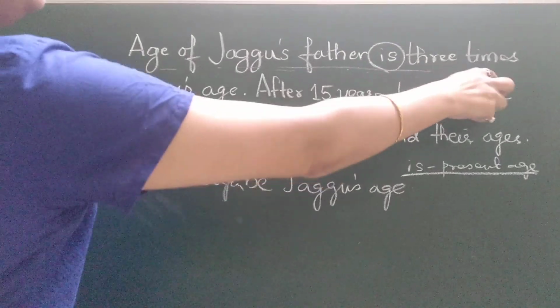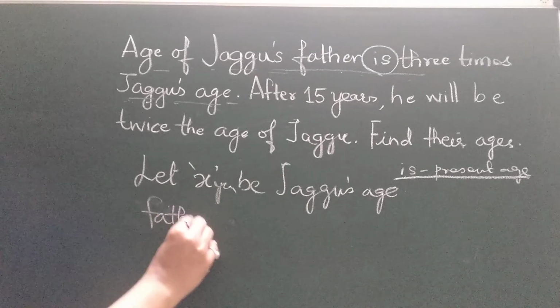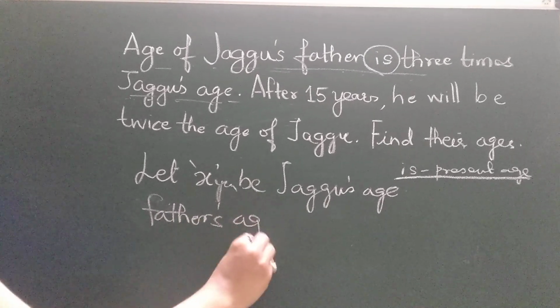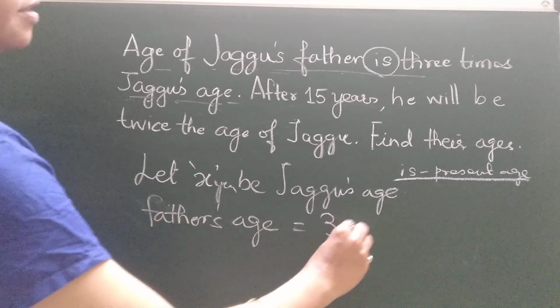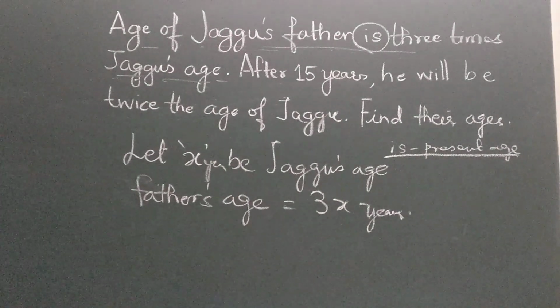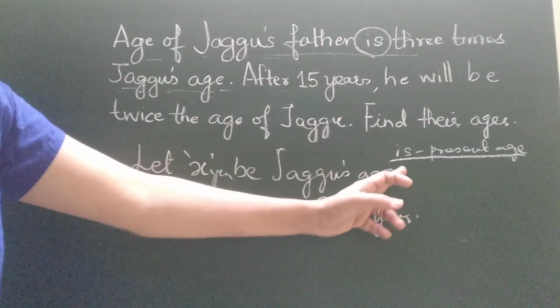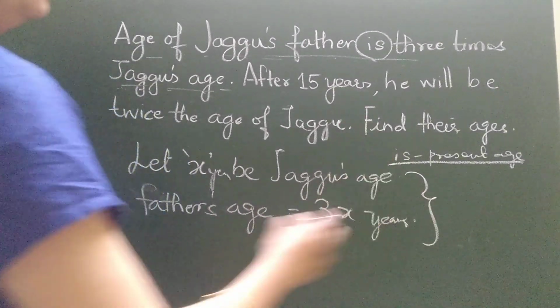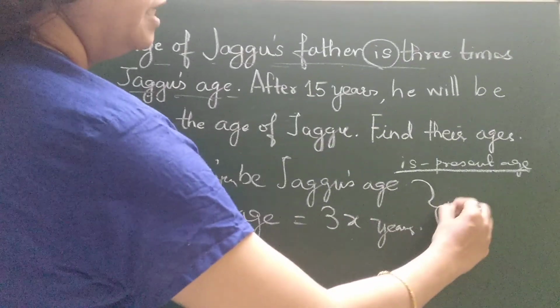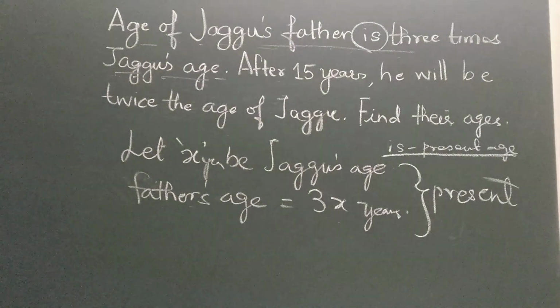It is 3 times Jaggu's age. So father's age is 3x years. So with this term "is" we have written 2 statements stating the present ages of Jaggu and his father.